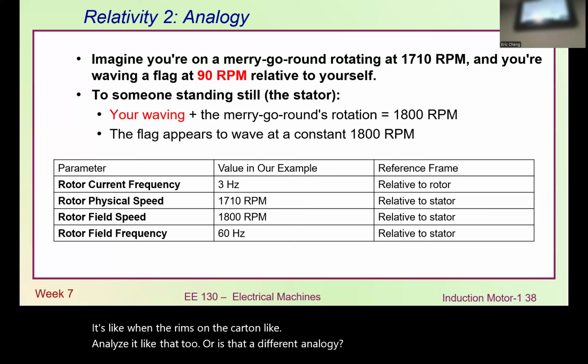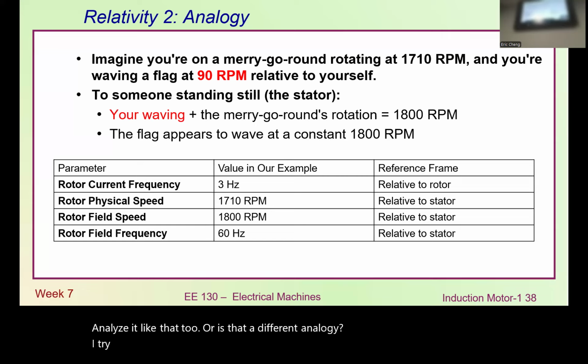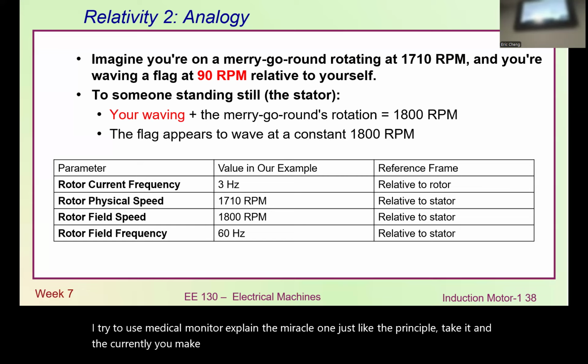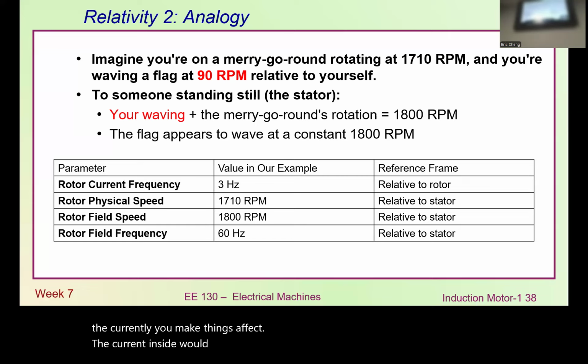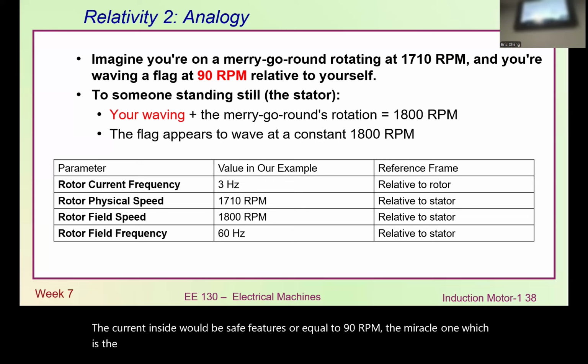Here I try to use the merry-go-round to explain: the merry-go-round is just like the rotor, which is rotating, and the current inside is just like the waving. The current inside would be 3 Hz, or even 90 RPM, while the merry-go-round is the rotation of the rotor, 1,700. Added together, when you observe from outside, you can see you are waving at a much higher frequency, a summation of the two.